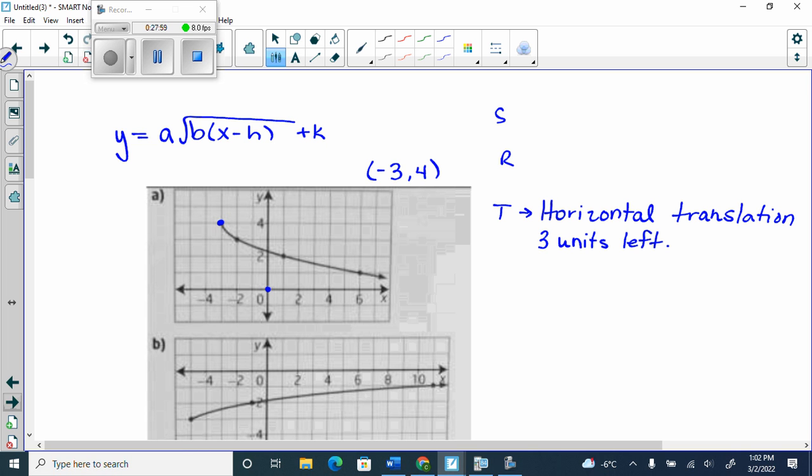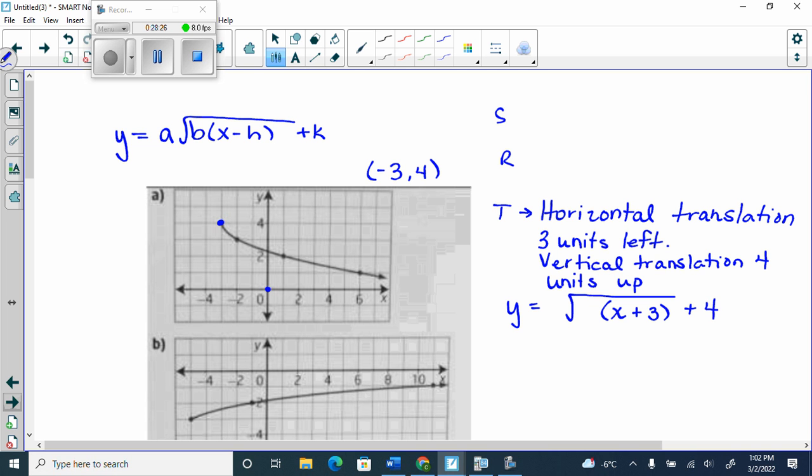And a vertical translation, 4 units up. So I actually have the h and the k. I have this part: x plus 3, and then plus 4.